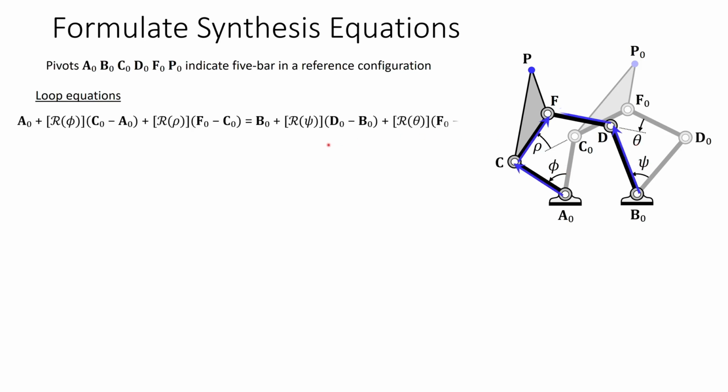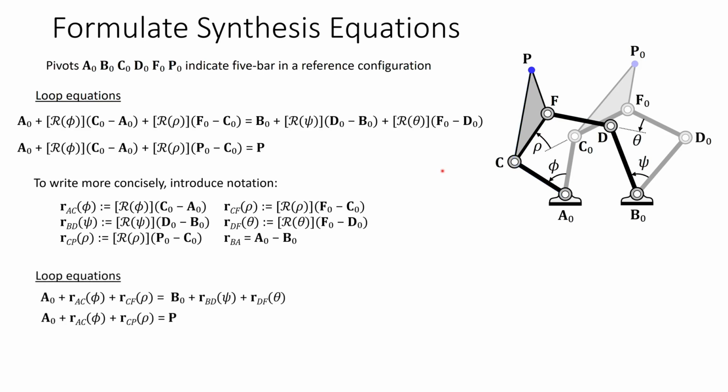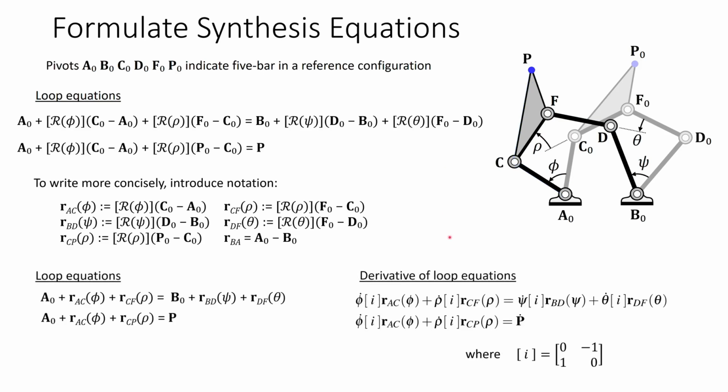We form our constituent equations. We have the loop equation of the 5-bar linkage, and then another vector path which traces up to the end effector point. We introduce some extra notation to make the equations more compact, and then we take the derivative of the loop equations.